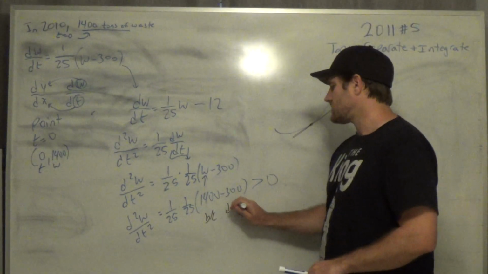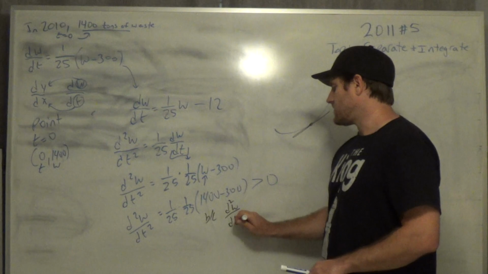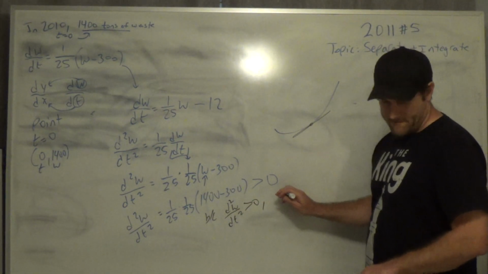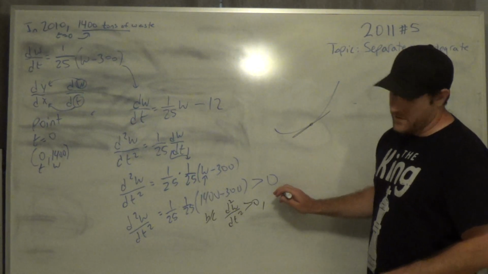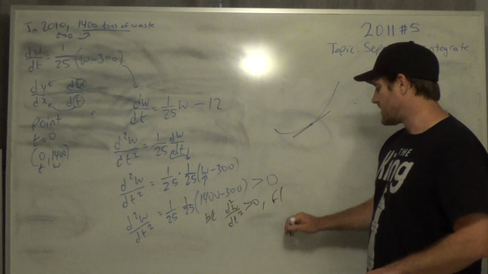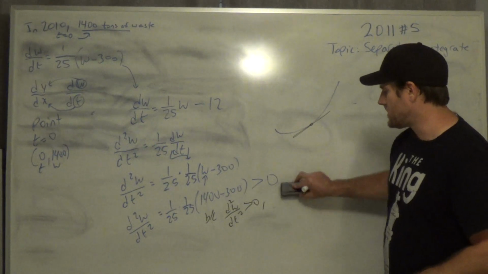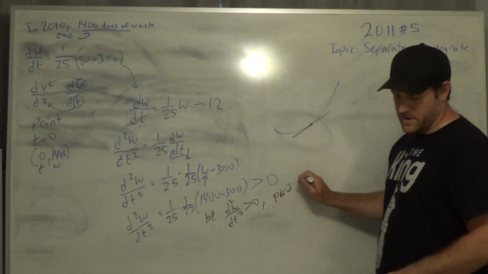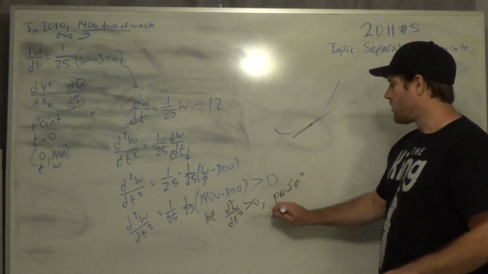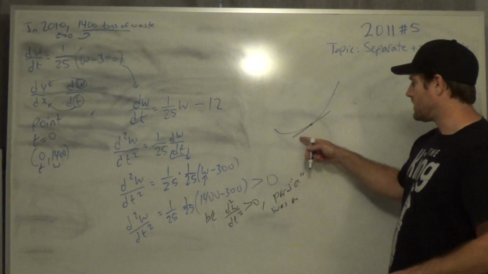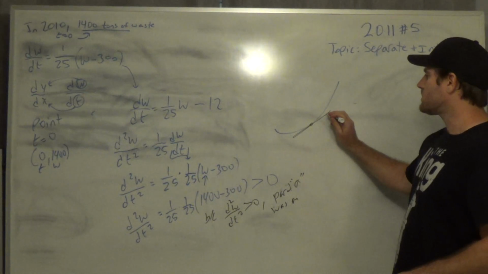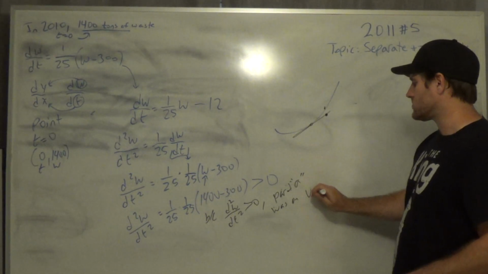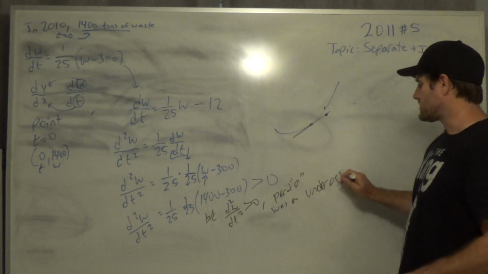So because the second derivative is greater than 0, our estimate from part A was, again, an underestimate. Using ordered pairs on a tangent line gives you underestimates from the real answer. So it was an underestimate.